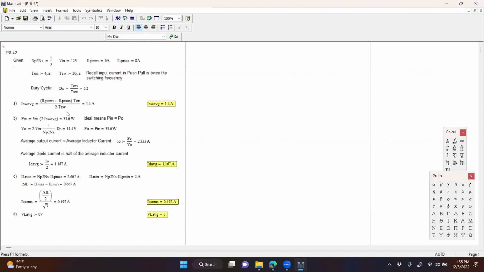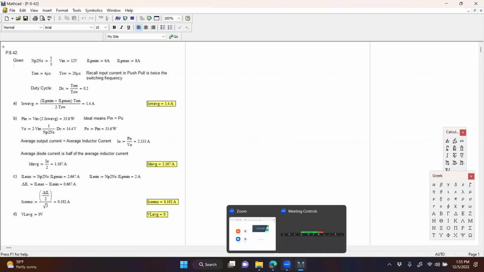Yeah, for the solution, I just named those values ILP min and ILP max, whereas over here, the way I solve it, I just put the numbers. It's the same thing; this is just naming them first. So it should be the same.